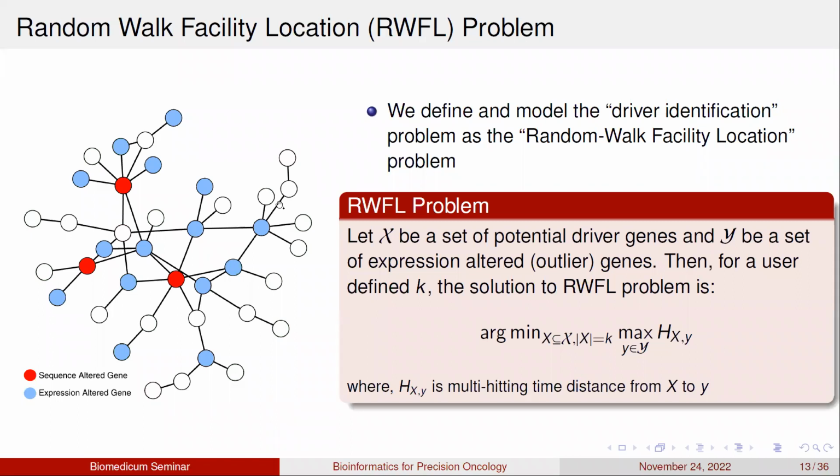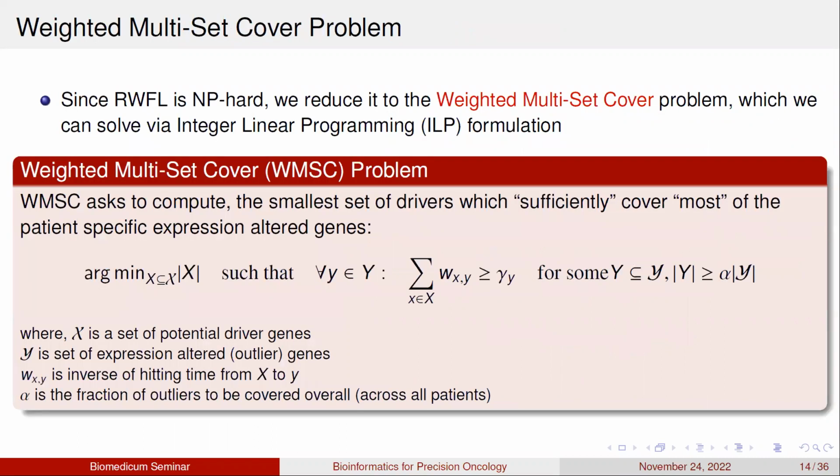But computing the multi-hitting time is a very, very hard problem. It is an NP-hard problem. That means it cannot be computed in polynomial time. So we cannot use the computational tools or power at our disposal to compute this multi-hitting time.